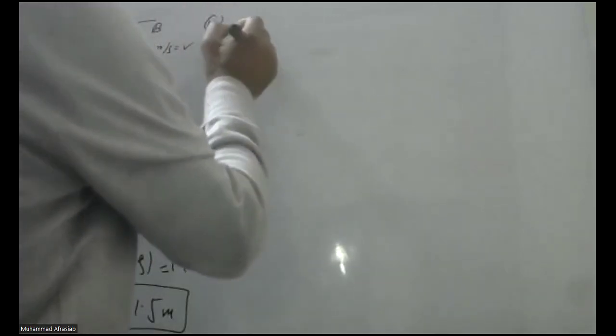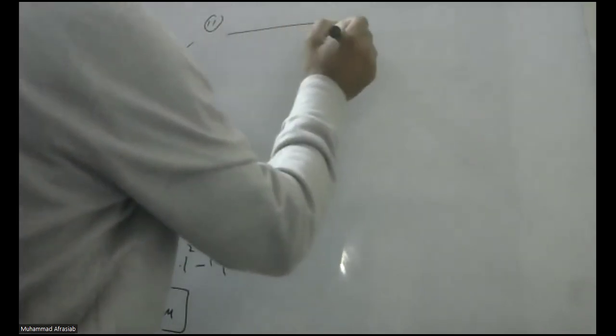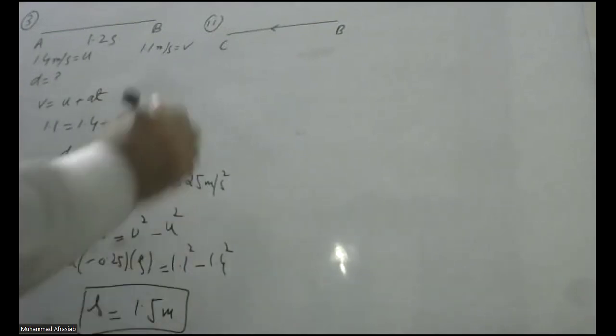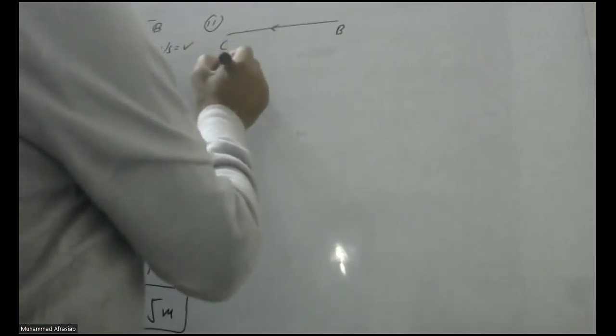So in the second part, the ball is bouncing from B towards C, and we are going to calculate the speed when it moves from B to C. At C, it comes to rest, so the final speed is 0.